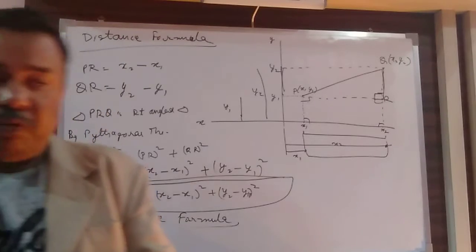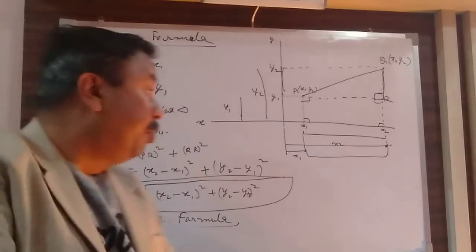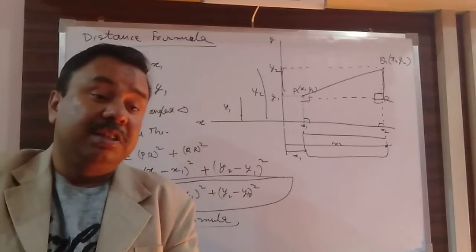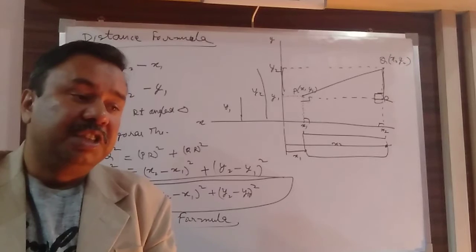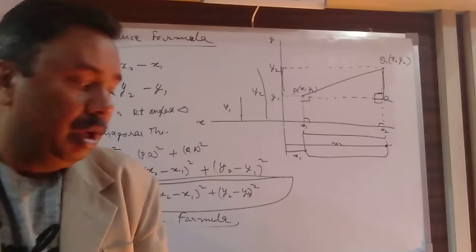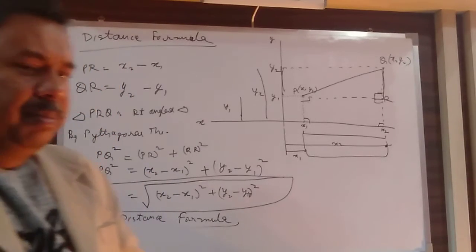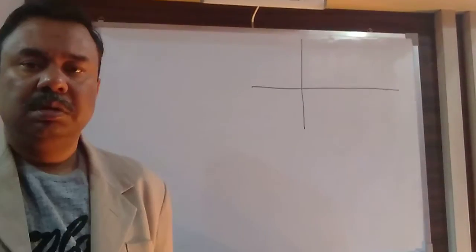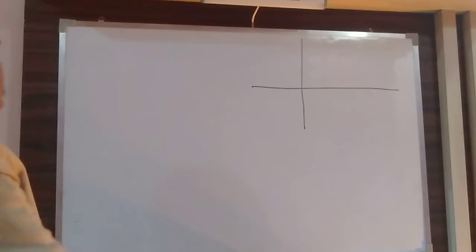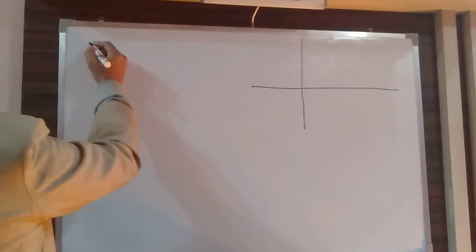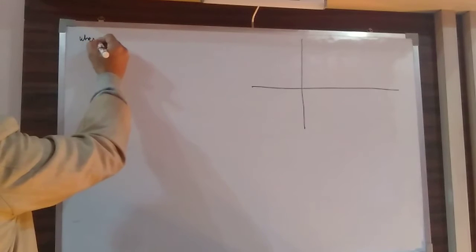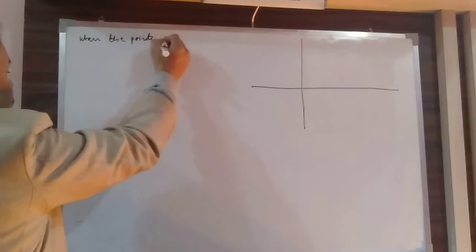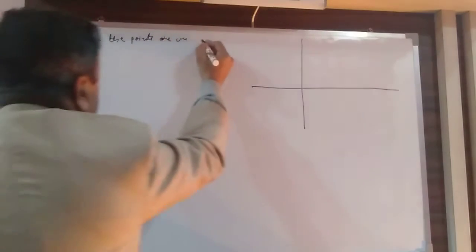Now what will happen when one of the points or both the points are on the x-axis only? Okay, now let's see some specific results on this. Now what happens when the points are on the x-axis?